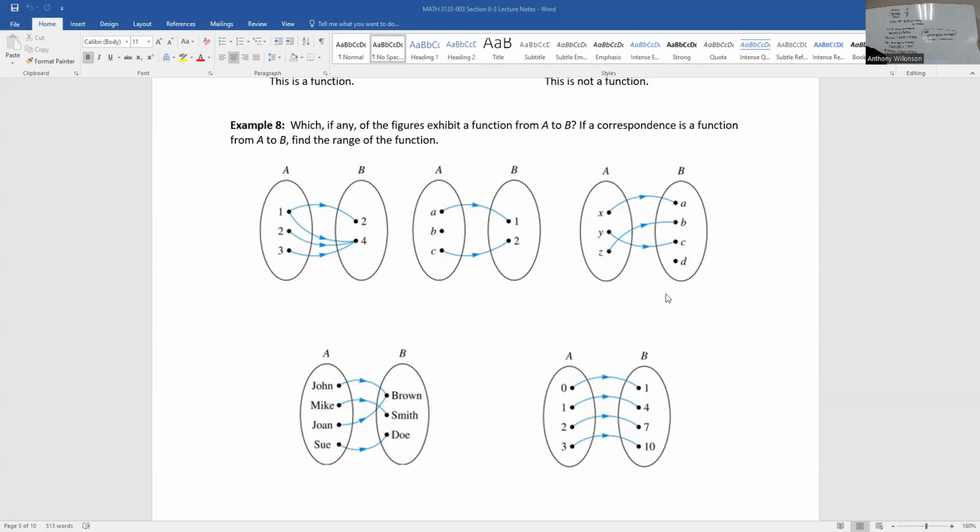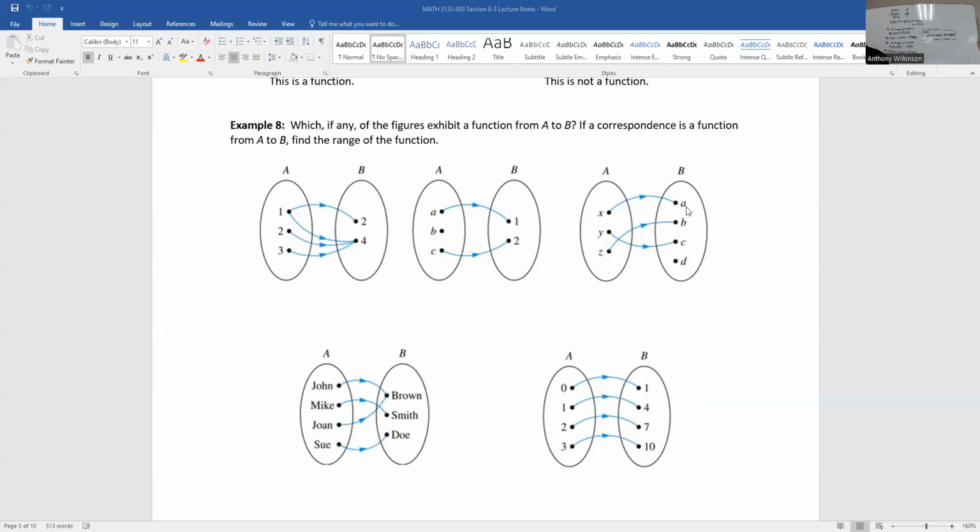Now, how about this third one? Would that be a function? This one is a yes, because only X is going to A, the Y is only going to C, and Z is going to B. And since it is a function, here's the range of the function.